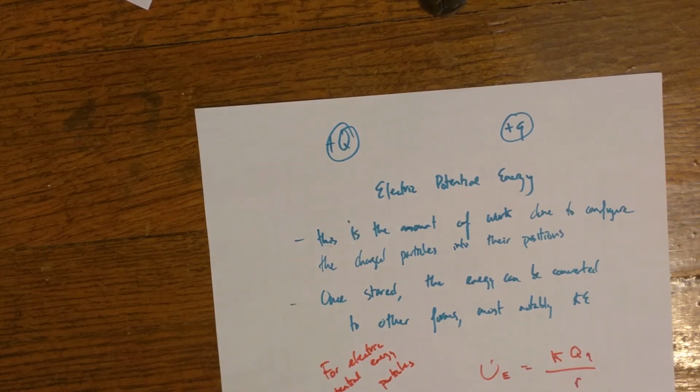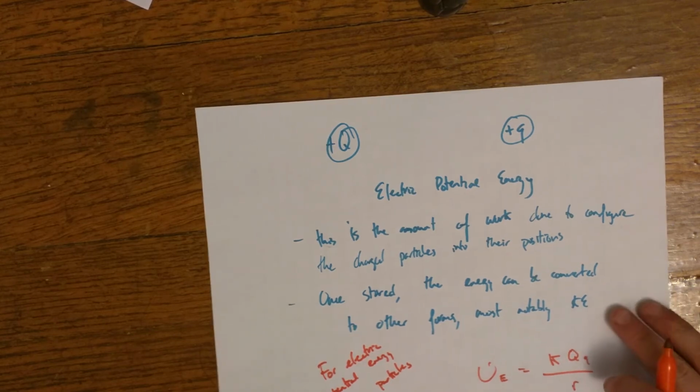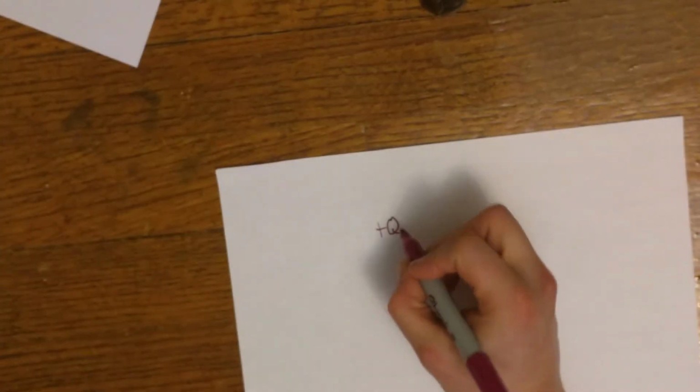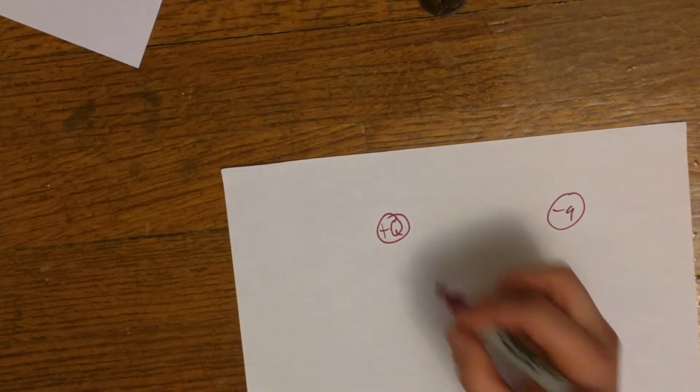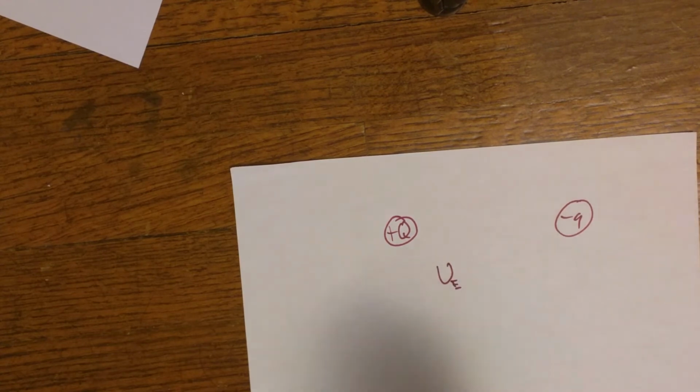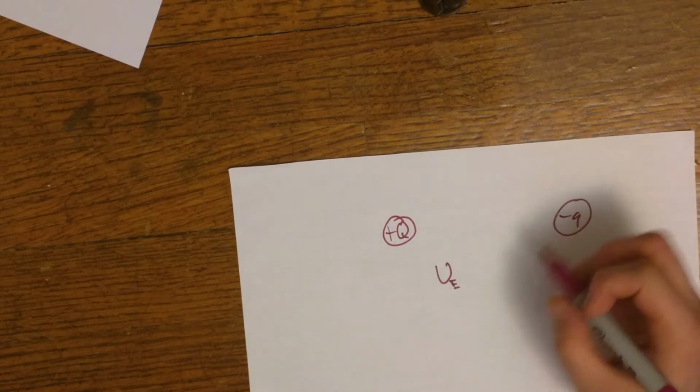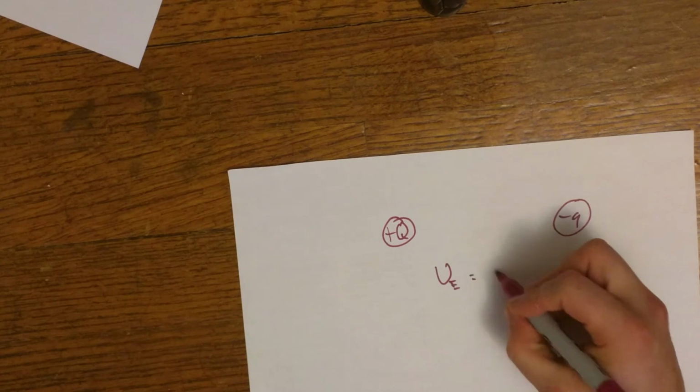I should also mention something about the actual charges and the signs associated with the charges. So let's look at a positive Q and a negative charge here. The sign of the charge will just be included in this expression.